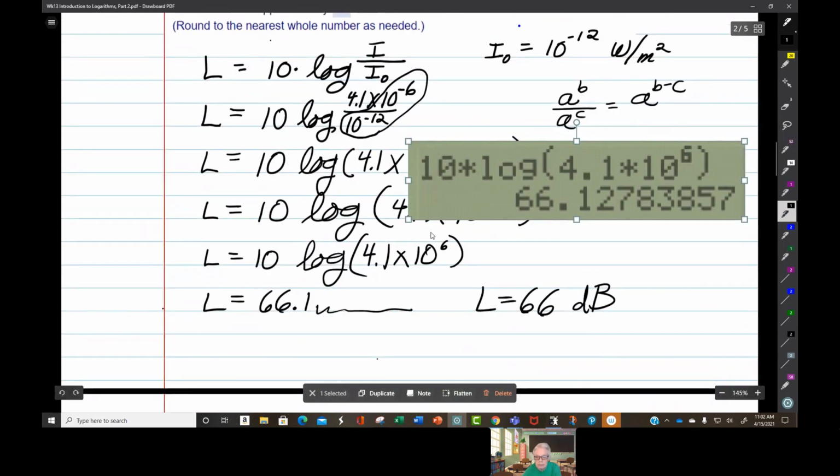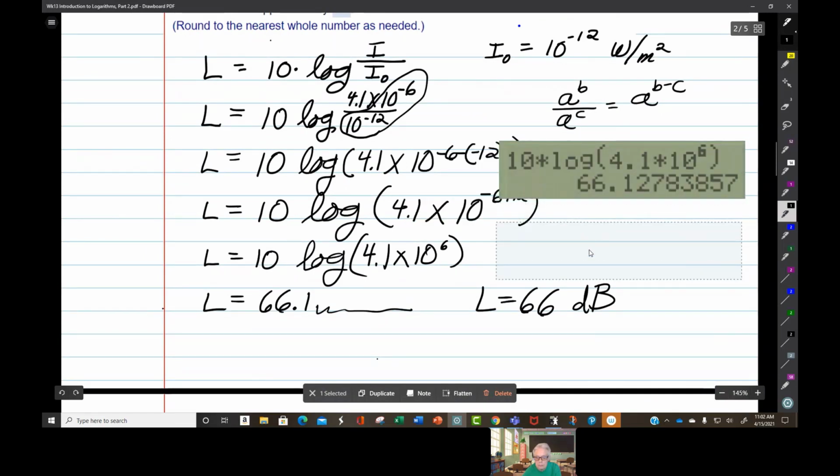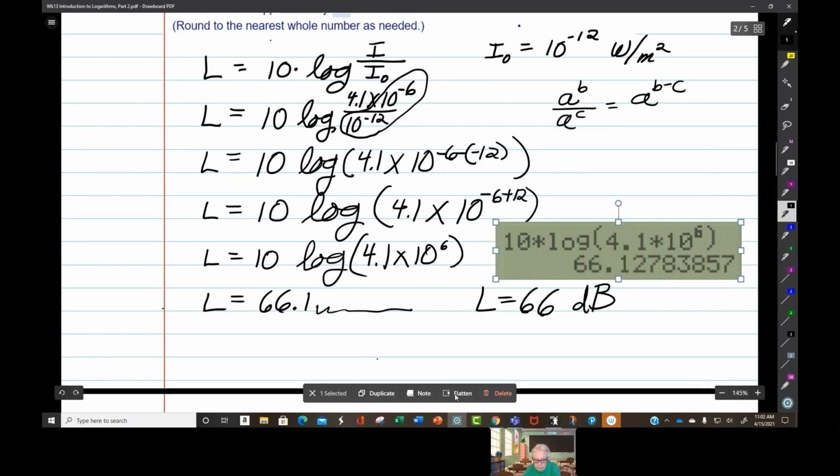Hopefully. Right here. It's not as hard as it looks.